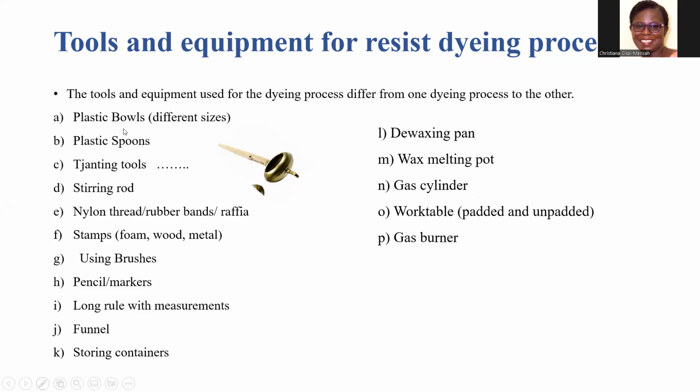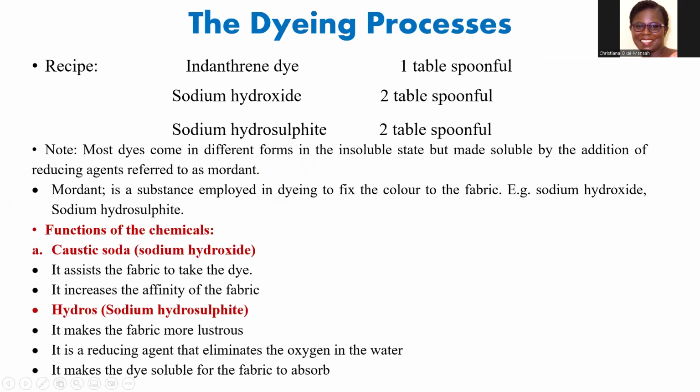This is the tea jantin that I'm talking about, the jantin or tea jantin, as some people call it. You use this place to take the wax. It's metal. This place is used to draw on your fabric according to the design that you have. You have other materials also here.